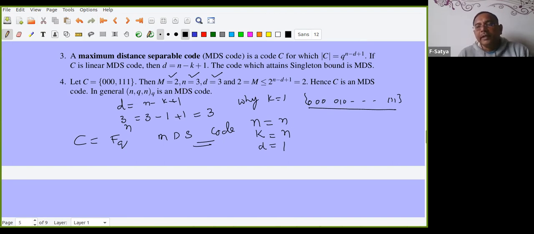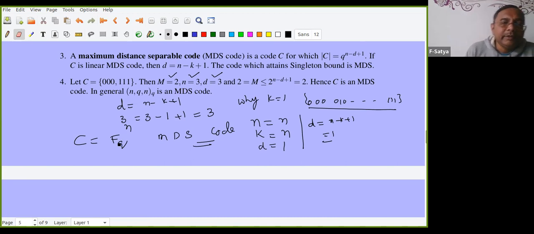In this case, the dimension k is total n. Now, does it satisfy the Singleton bound, that is, is it equal to n minus k plus 1? Correct, it's happening, so it is an MDS code. This is also an MDS code, but these are trivial examples.